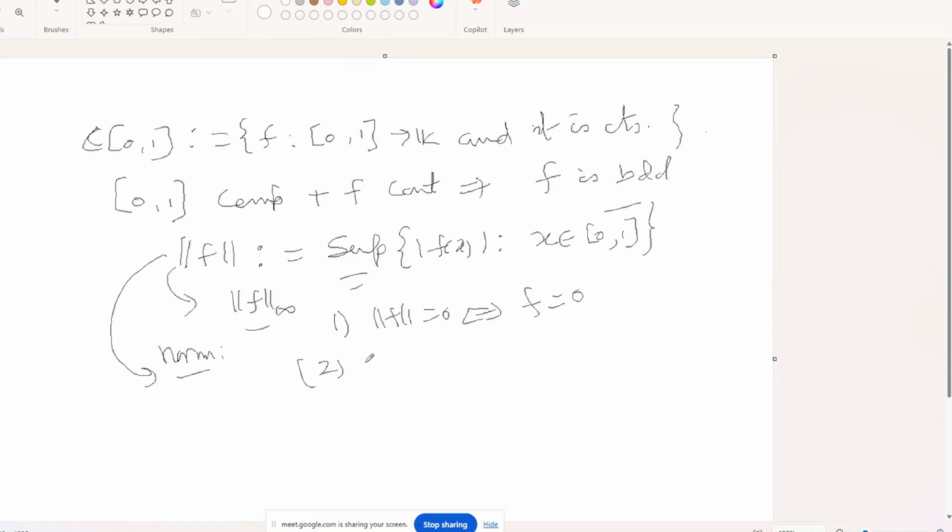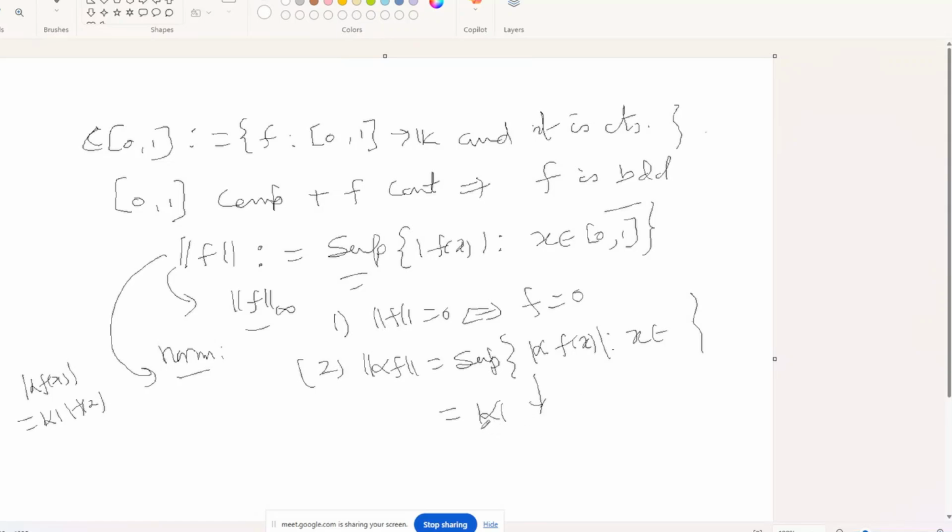Now take the second one. The norm of alpha f is nothing but the supremum of mod alpha times f(x), such that x is in [0,1]. Now, mod of alpha times f(x) is actually mod alpha into mod f(x). So this will be equal to mod alpha into the supremum of this.